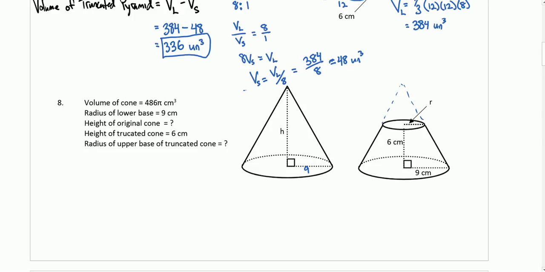Let's see, what can we compare? We got the radius of the large compared to the radius of the small. We know the radius of the large is 9. We don't know the radius of the small, so I'll call that x. So that's one thing, we're looking for x.